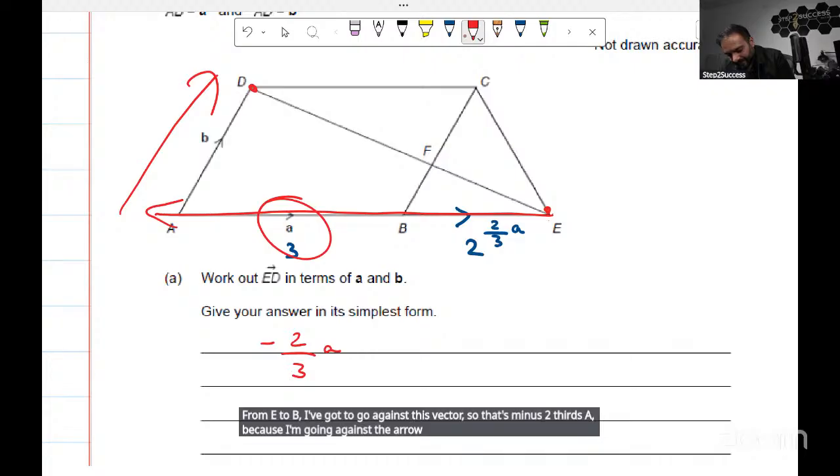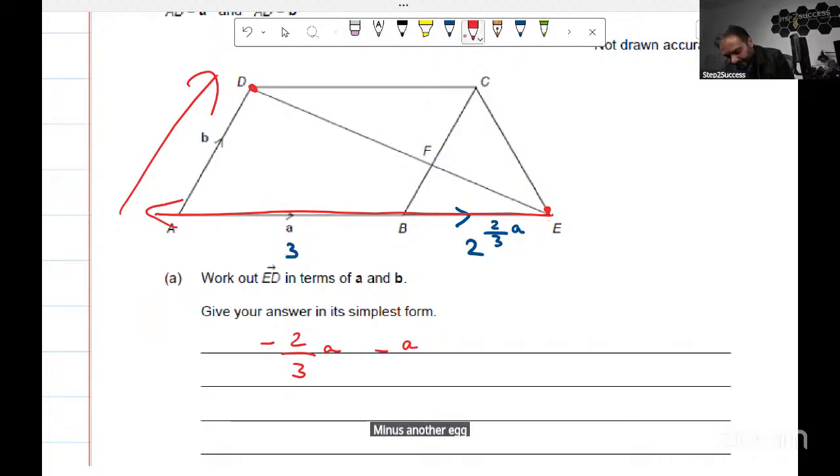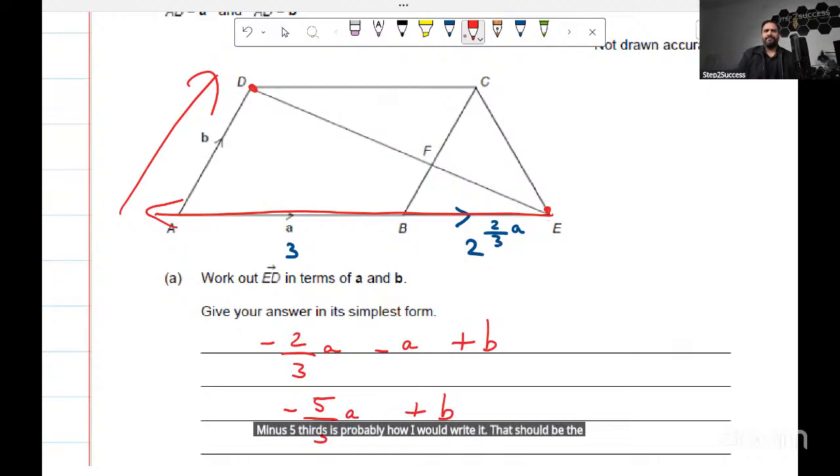And then minus another A, because I'm going against the arrow, plus this B, because that takes me to the top there. Minus 2/3 minus 1 is minus 1 and 2/3, or you can write it as minus 5/3, which is probably how I would write it. That should be the answer to the question.